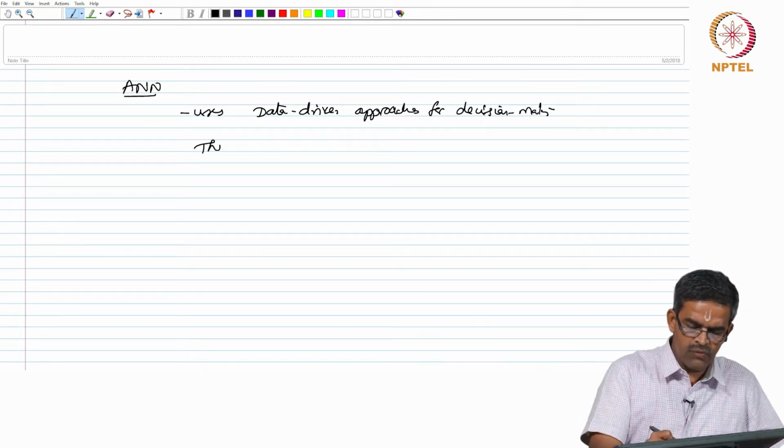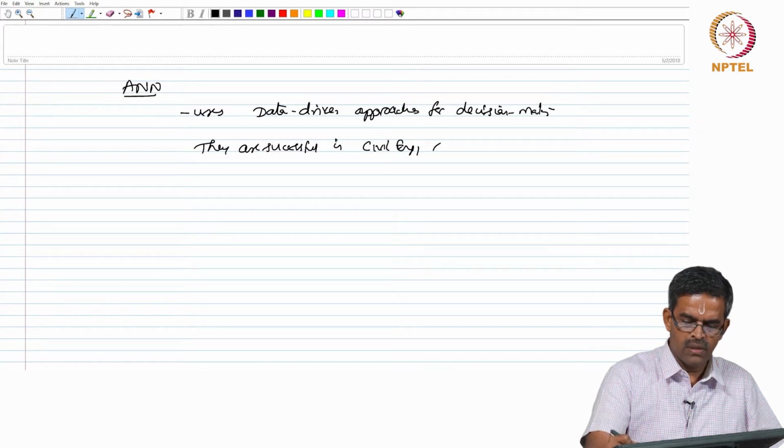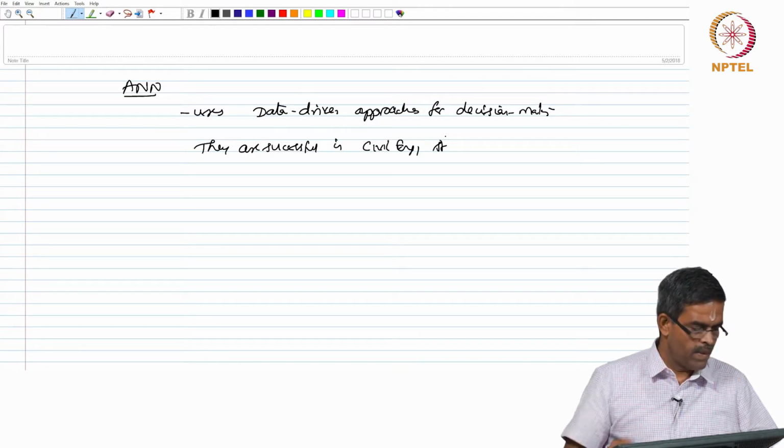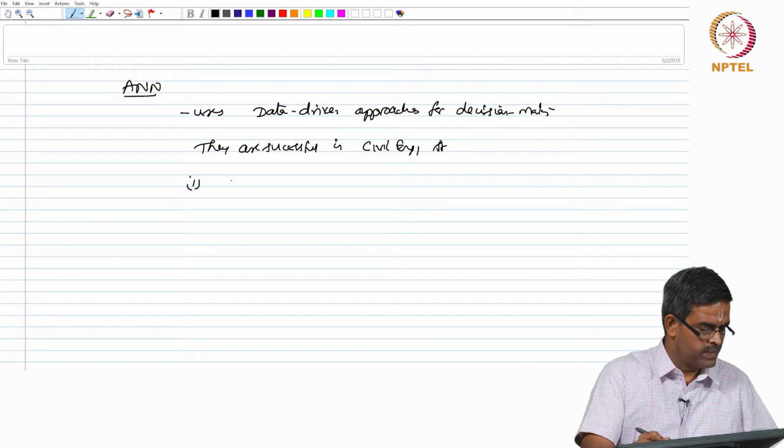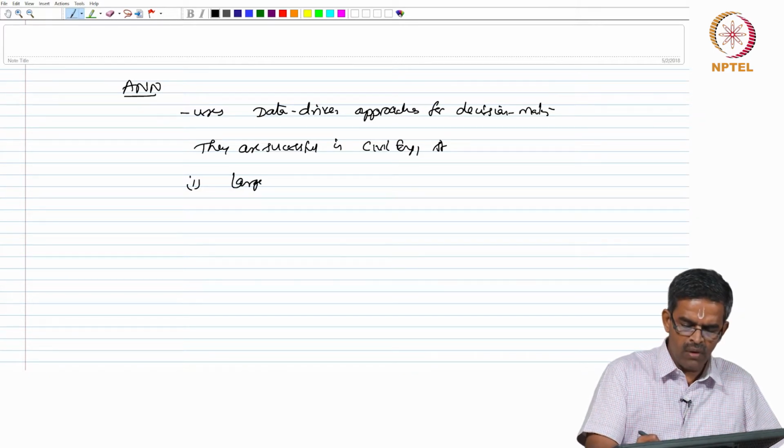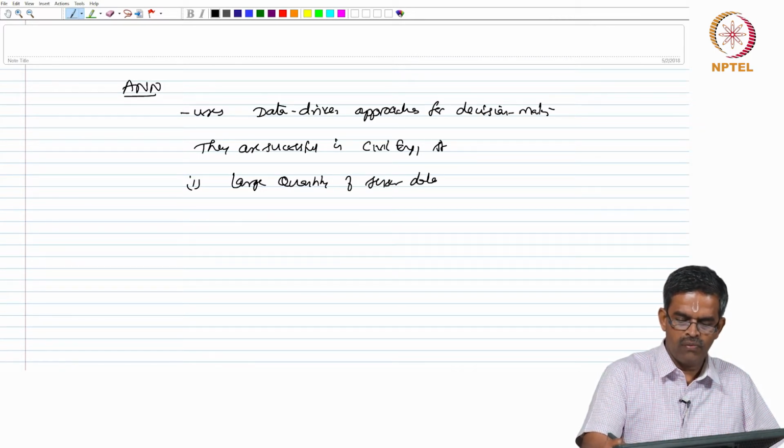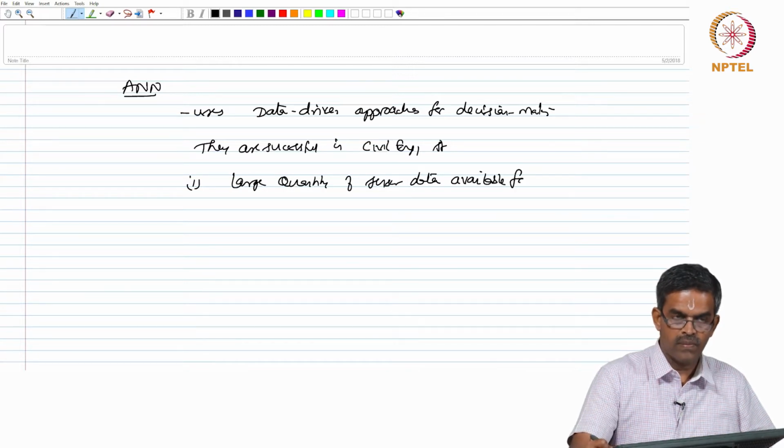They are successful in civil engineering structures because of the following reasons. One, you have a large quantity of sensor data available for civil engineering structures.